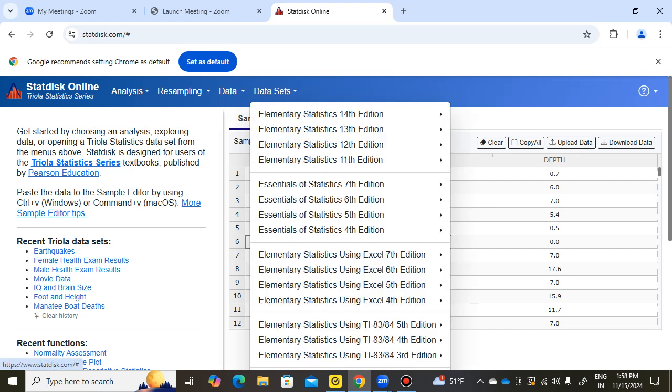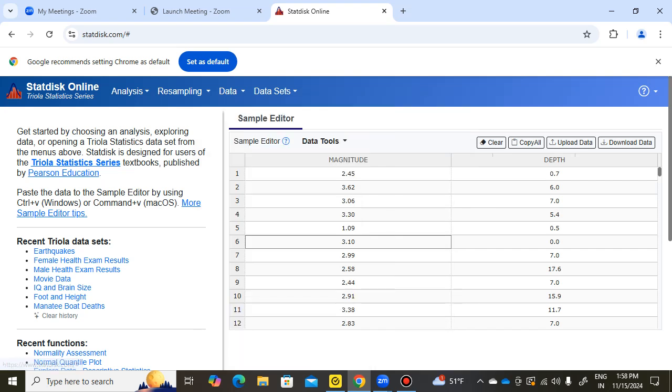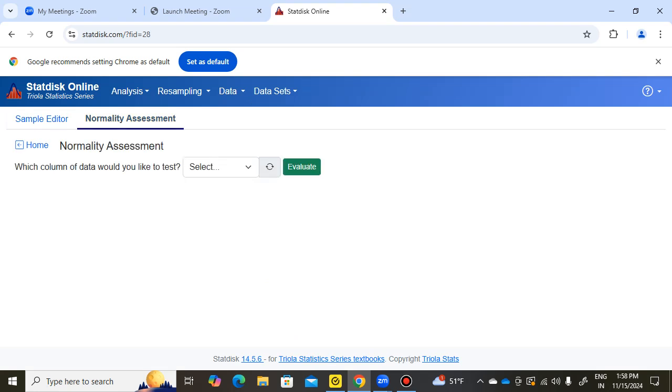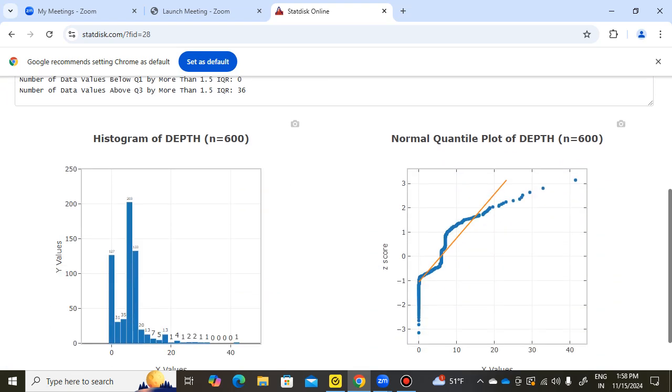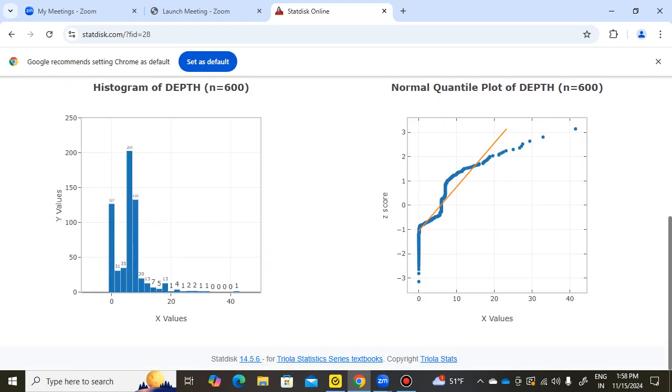So we'll go to normality assessment because it has everything we need here. And depth. And so we'll start with the histogram. Doesn't quite seem all that great of a normal distribution there.